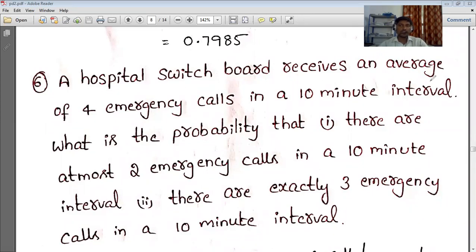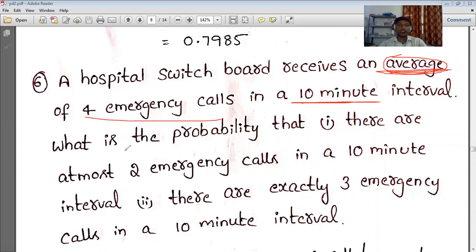So this is on average. On an average how many calls are they getting? 4 calls. Within how much time? 10 minutes. So within 10 minutes they are getting on an average 4 emergency calls. They are not saying exactly 4. See that clearly: average.